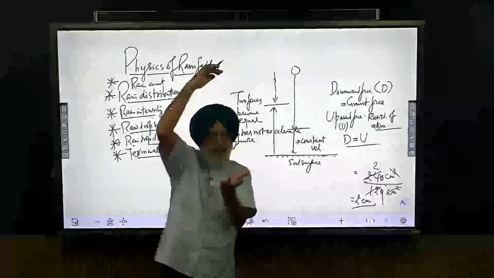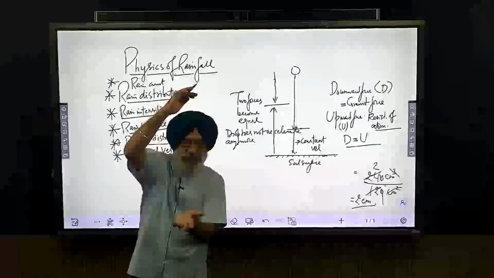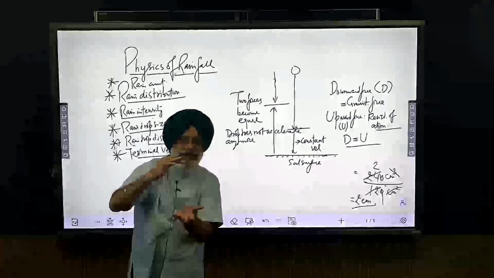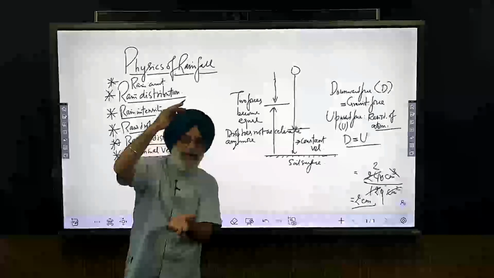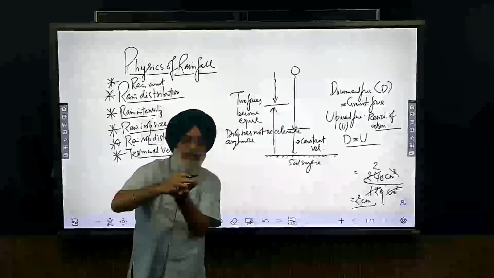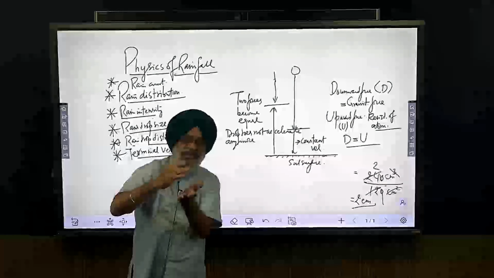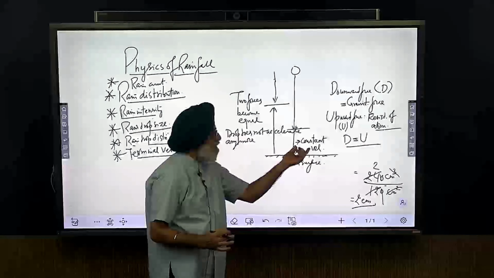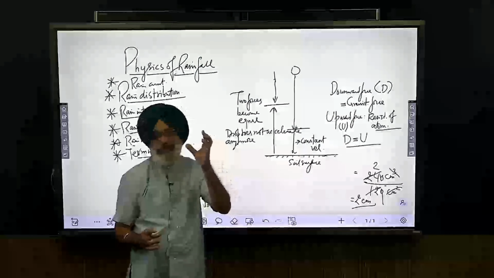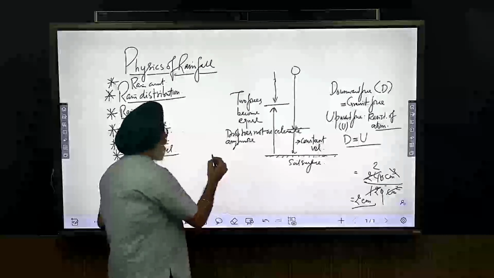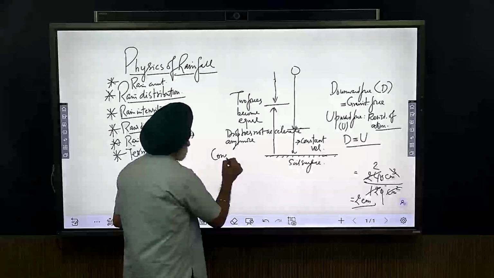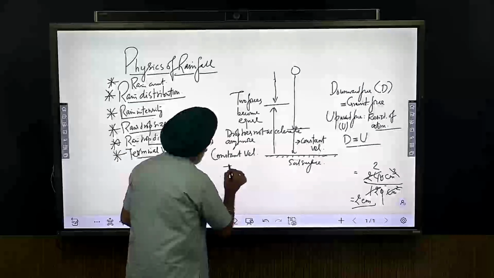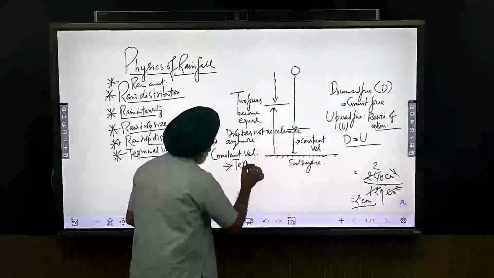Otherwise, when it was falling down, as it came near the ground, its velocity increased. But when the upward and downward forces became equal, the velocity did not increase any further. So at whatever velocity it had, it started falling with a constant velocity, and this constant velocity we call terminal velocity.